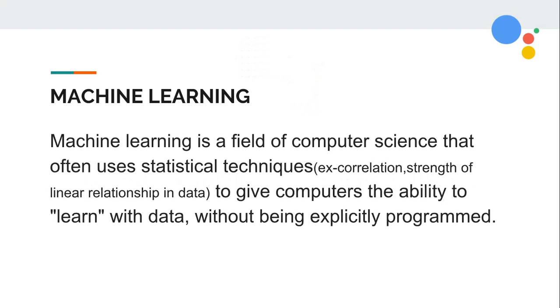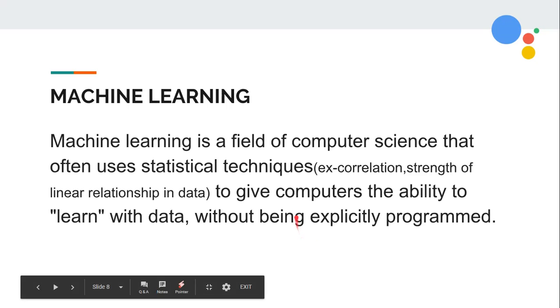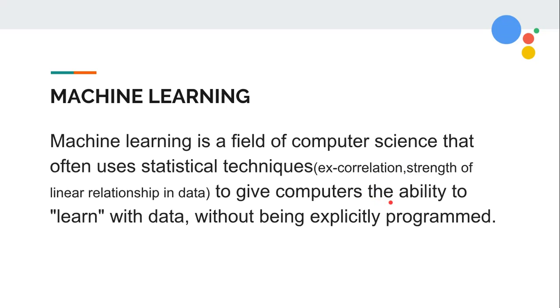So, let's start by getting a common idea about what is machine learning. Machine learning is a field of computer science that often uses statistical techniques to give computers the ability to learn with data without being explicitly programmed.